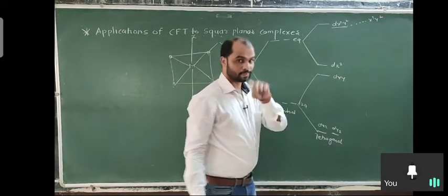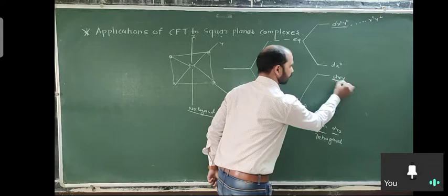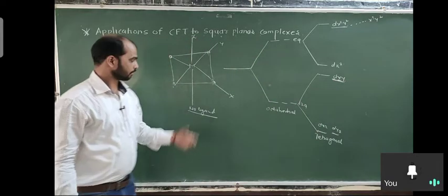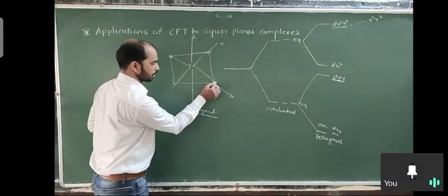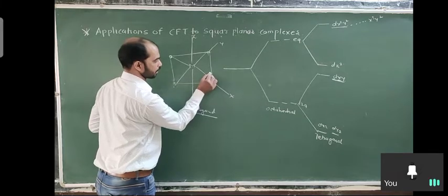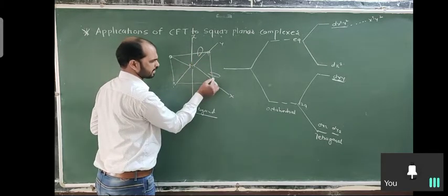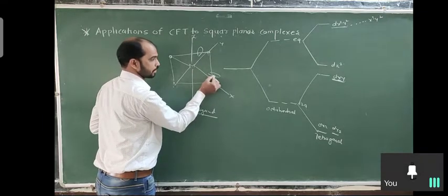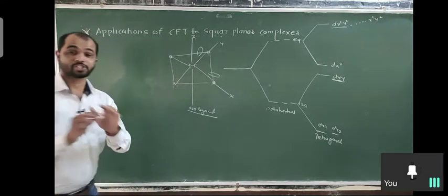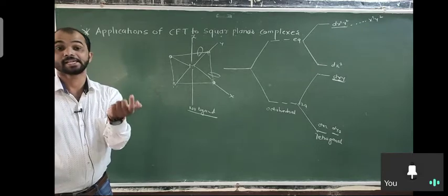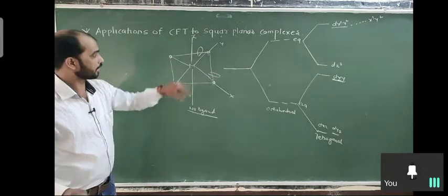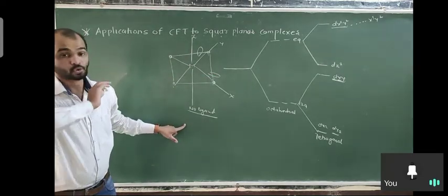In a square planar, this xy also interacts with ligands because it is close. Here is the x axis, so xy is here, between the axes. So again there are some interactions. That's why xy has larger energy than dz square, because dz square is here and there is no ligand.